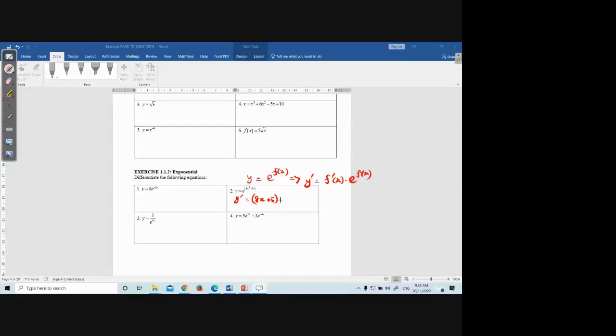And then multiply by, we just copy our exponential function. This is how we differentiate this type of composite function, e to the 4x squared plus 5x. So we can proceed.